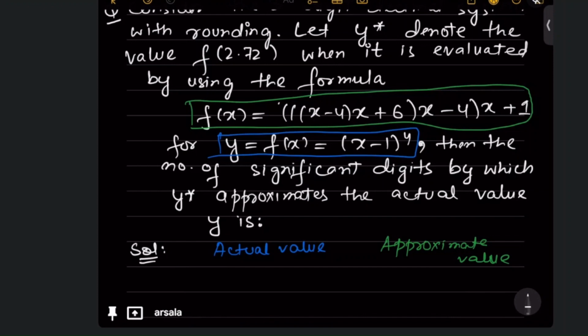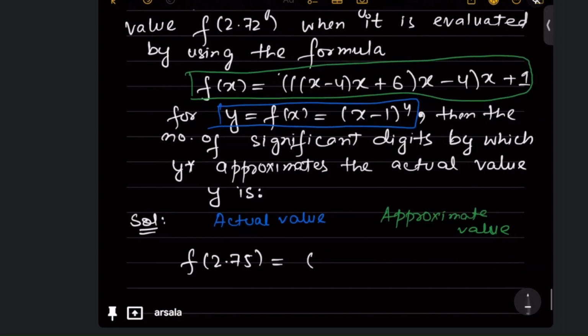Now when you input f of 2.72 in this function, x minus 1 to the power 4, what are you getting?